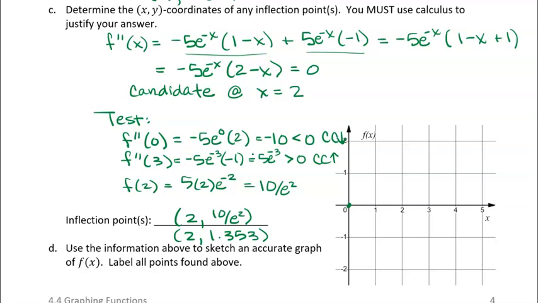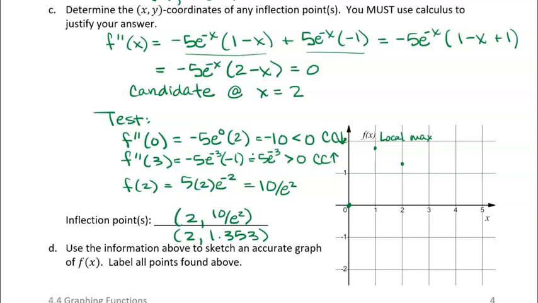We had a local maximum at 1 comma 1.839. So 1.839 is maybe about here. That was our local maximum. And then we had an inflection point at 2. The y-coordinate was 1.353, so let's say about there.